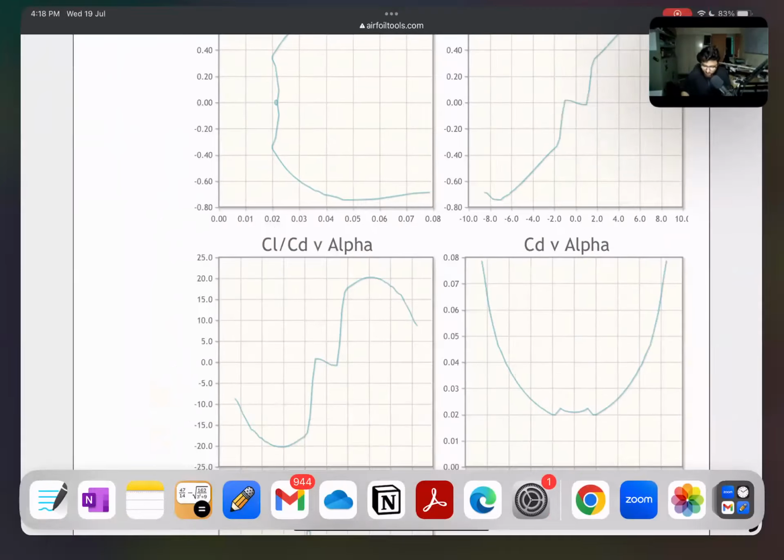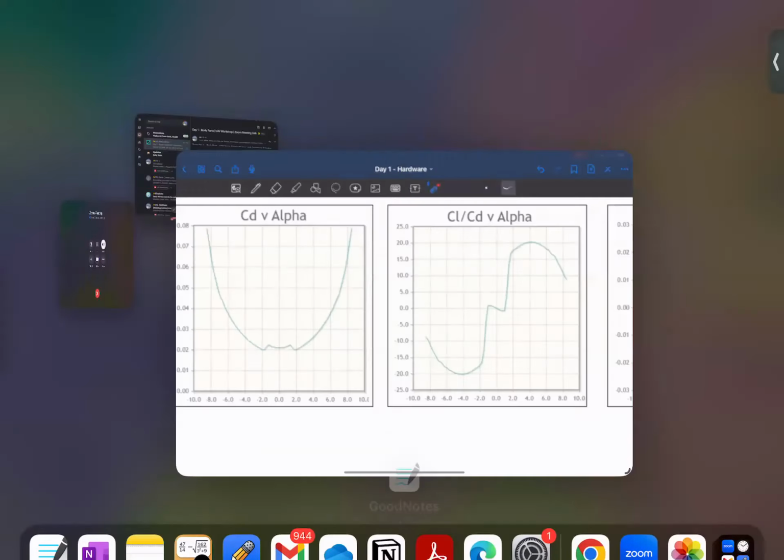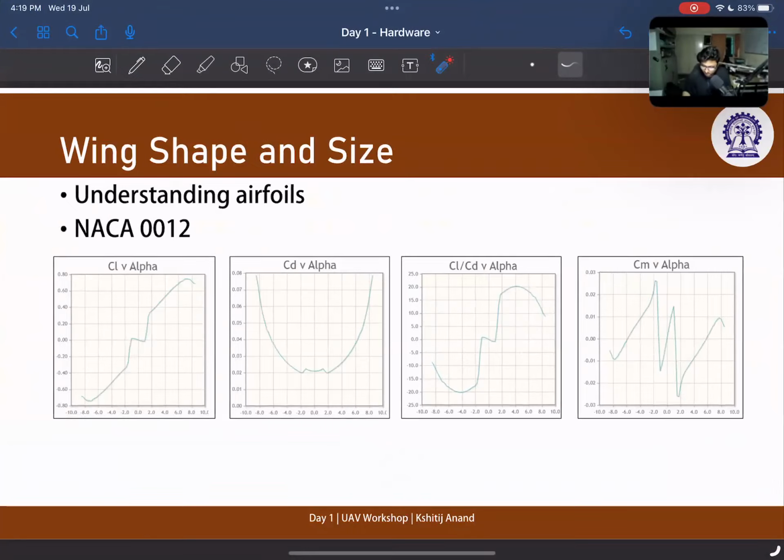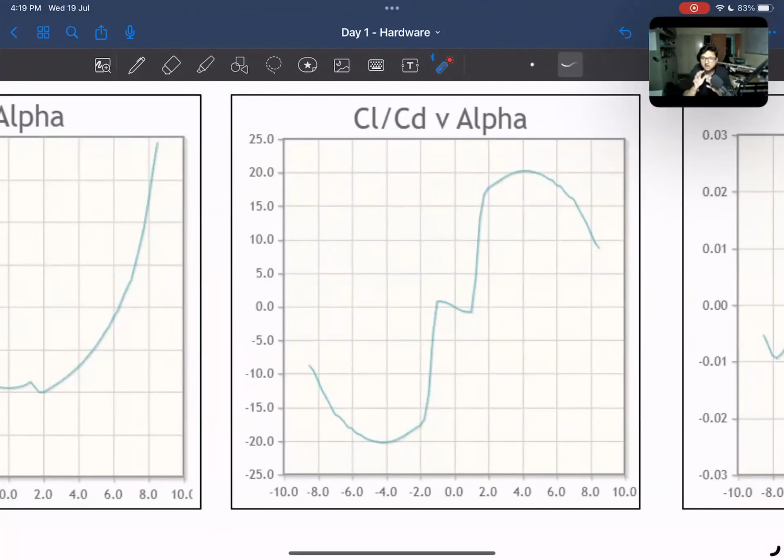Great. So moving on, do you observe something interesting? As you increase the angle of attack, you generate more lift. That's nice. But you're also generating more drag. That's bad. So what you look at is a trade-off: how much drag can I take on for more lift?